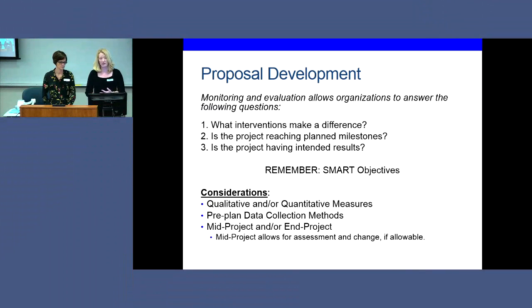It can be hand collection of data, or it can be computerized, or you can use some type of technology. But those are all things that you should plan and spell out in your grant proposal. And you can also tell your funding agency, if they don't tell you in the RFP, whether you are going to do a mid-project or just an end-project evaluation. So these are all things that you will see within the RFP, and you will have to be prepared to include in your project proposal.